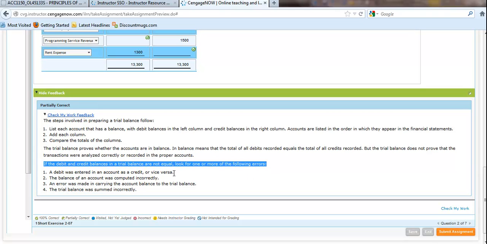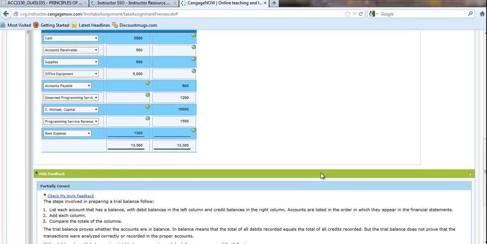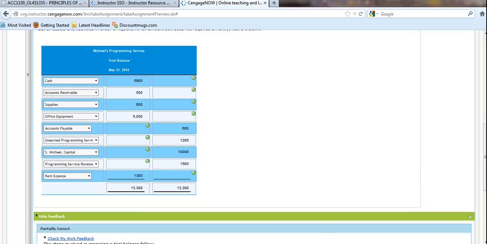Was a debit entered in an account as a credit or vice versa? The balance of an account was computed incorrectly. The error was made in carrying the account balance to the trial balance, so did we transpose some numbers? Or the trial balance was summed incorrectly, so check your addition. That is the preparation of the trial balance.